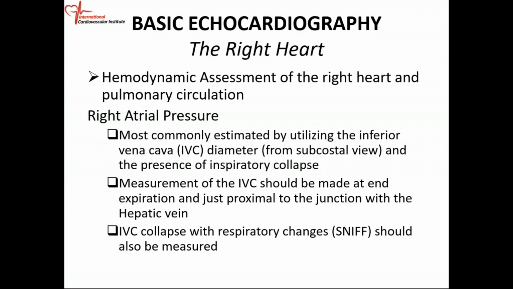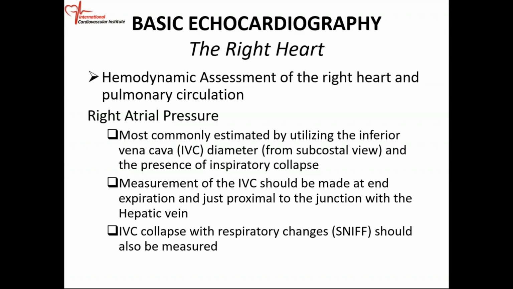Okay, so that's one of the things that we use the IVC size to do. So the right atrial pressure is most commonly estimated by using the inferior vena cava diameter, and we're going to use the subcostal view to look at the IVC and whether there's inspiratory collapse, yes or no.